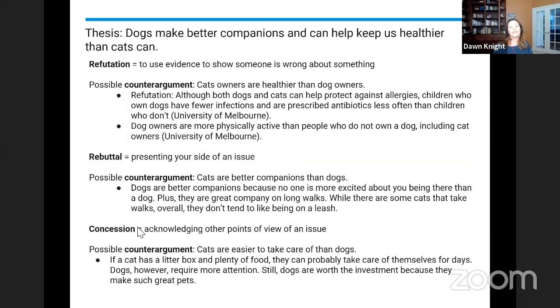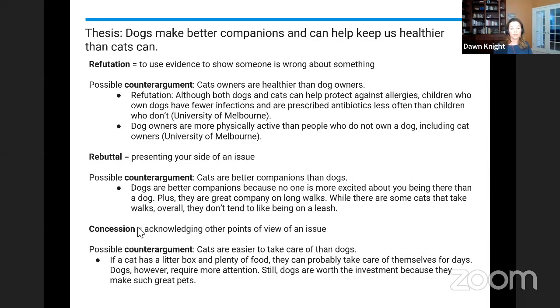All right, so let's say I have a thesis: dogs make better companions and can help keep us healthier than cats can. A refutation is when you use evidence to show that someone is wrong about something. So, let's say there's this possible counter argument that cat owners are healthier than dog owners.